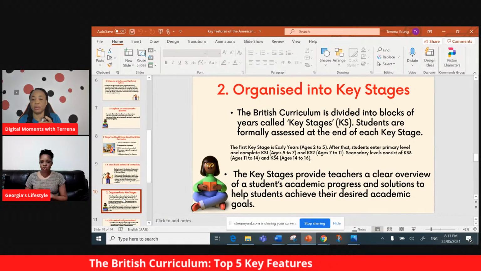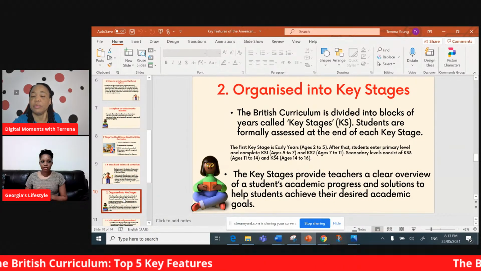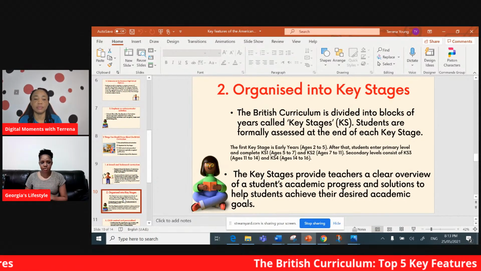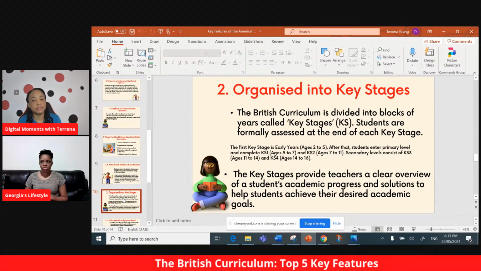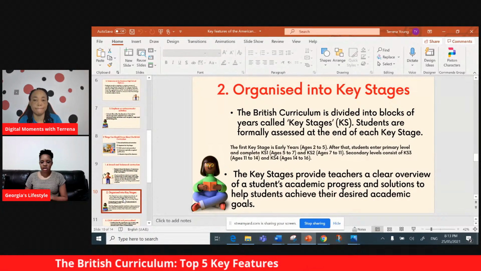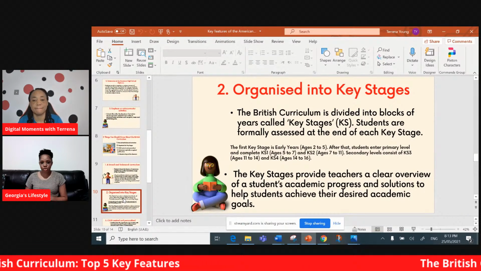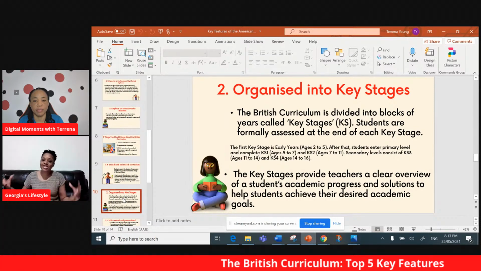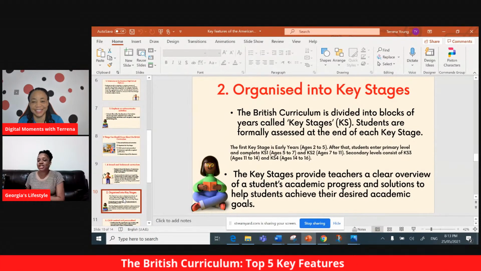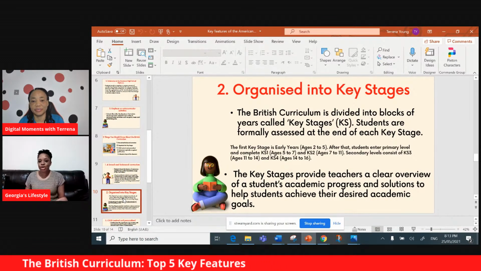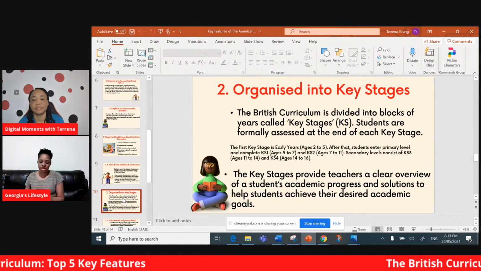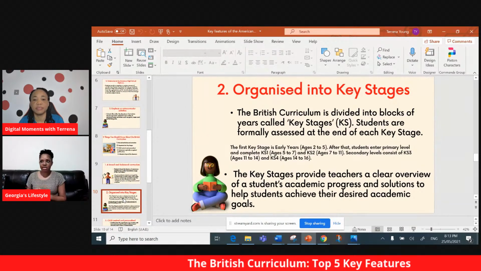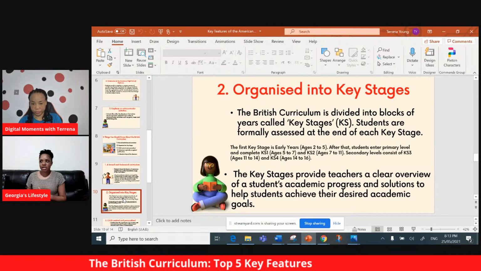I think key stage 1 is from the foundation stage right up to year 1, and key stage 2 starts from year 2 right up to year 6, because the British curriculum doesn't say grade, they say year. And then key stage 3 is from year 7 to year 9.